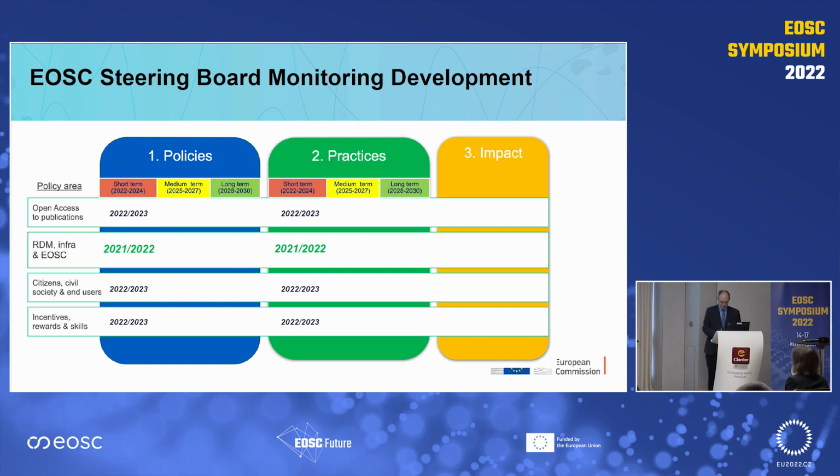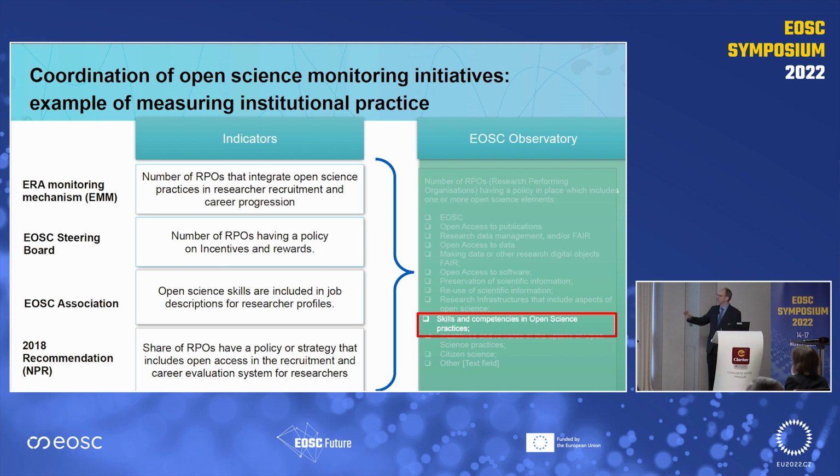So then, to make it easier for everybody, we looked at the different monitoring aspects, and this is just one example where in the different monitoring approaches like ERA, EOSC Steering Board, Association, and the NPR, National Points of Reference, they all have a similar but not exactly the same indicator.